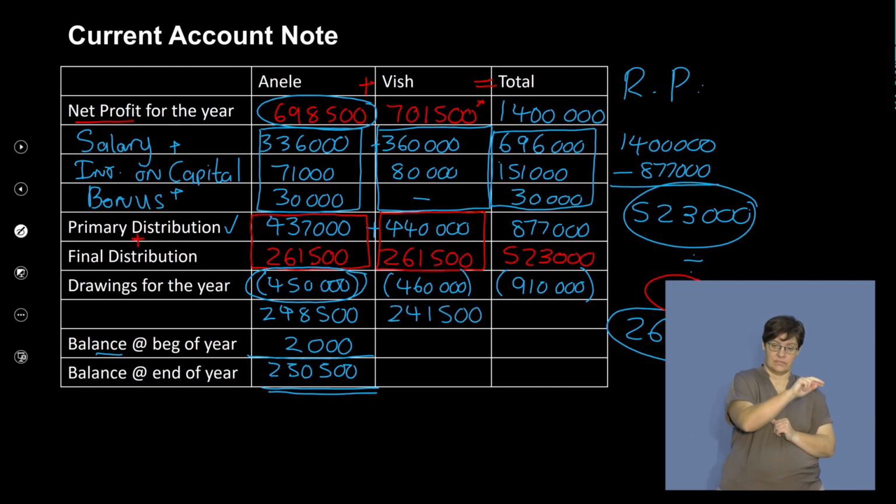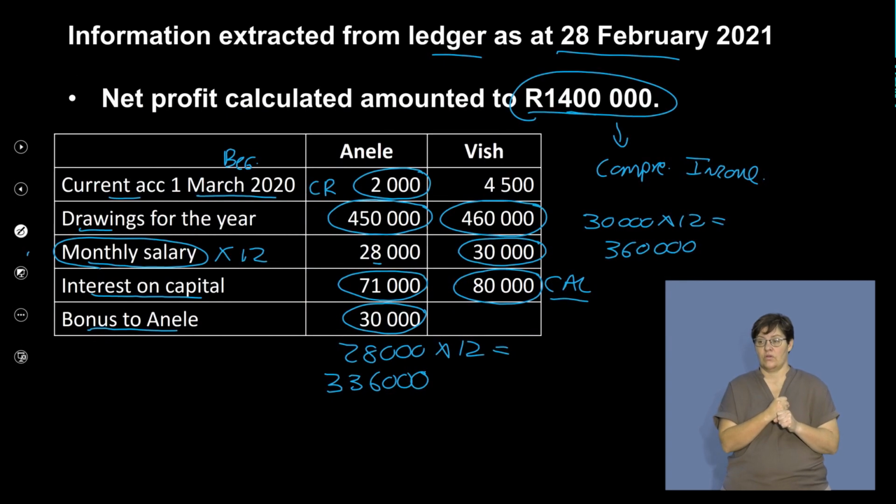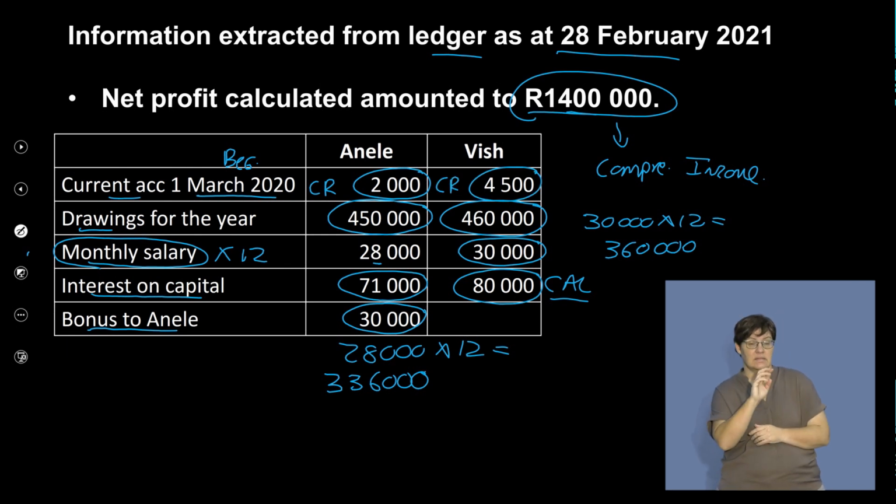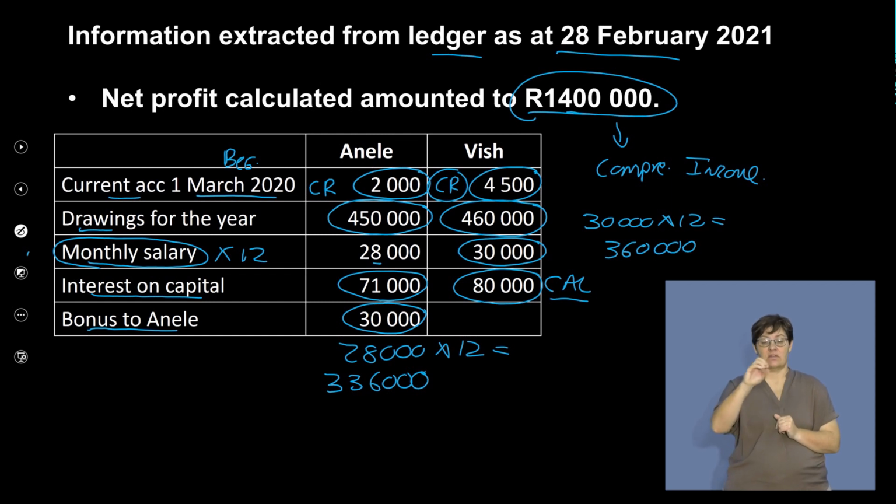So 241,500. Okay, and now let's go back to his balance at the beginning of the year. So again, he's got a favorable balance of 4,500. Normally in the question, there will be a credit or a debit, but obviously credit implies it is favorable. Right, so 4,500 is his opening balance.